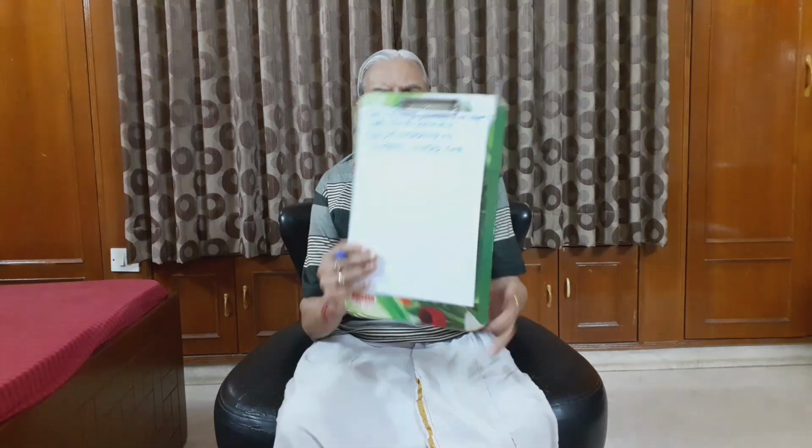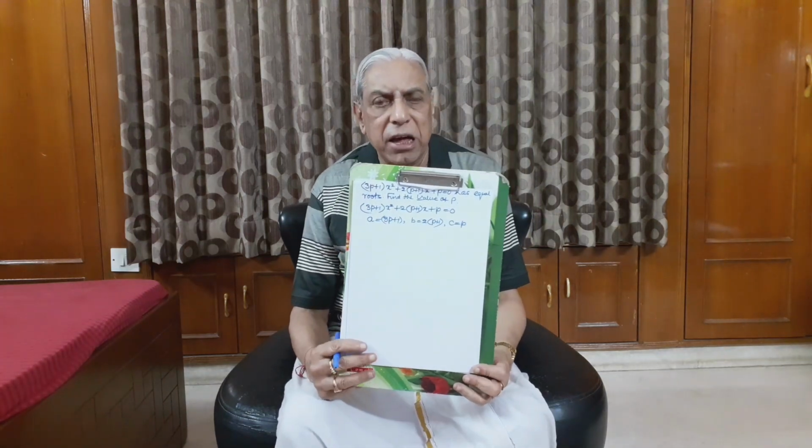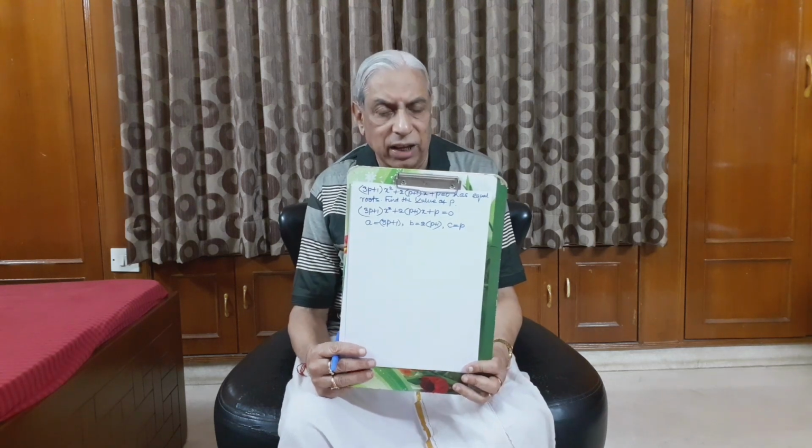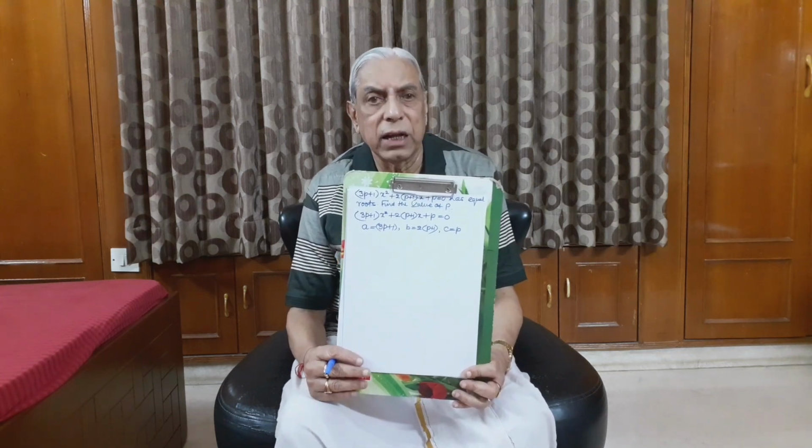I have analyzed the values of a, b and c according to that equation. What is the next thing? What is the given condition? Given that the roots are equal. Write down, given that the roots are equal. You must write it, don't be lazy. I am saying it slowly.